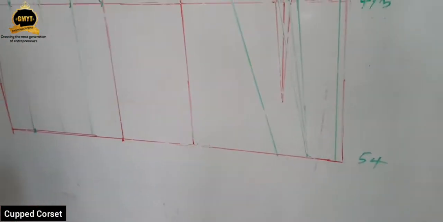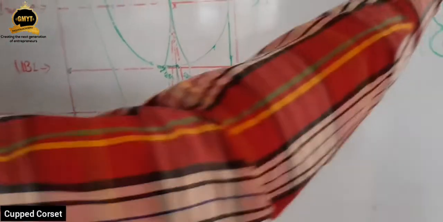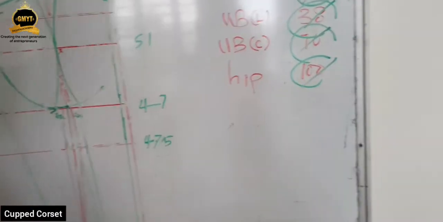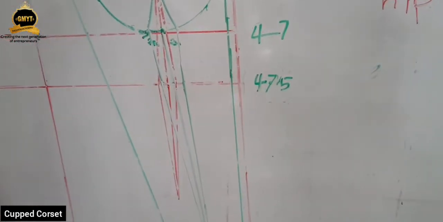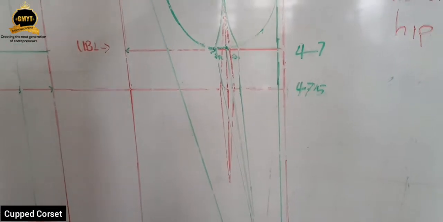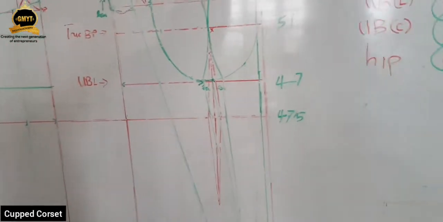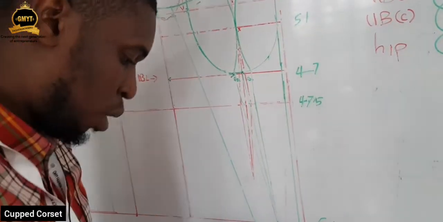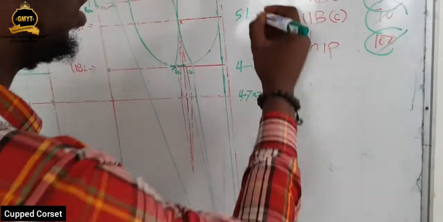So, all we are going to be doing now is to divide all these measurements into 2, and then we subtract them from all the ones we have here. It is very, very important to do that so that you can be able to get the differences. So I have like 92 divided by 2. So that gives us 46.